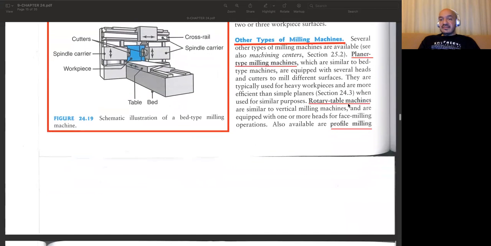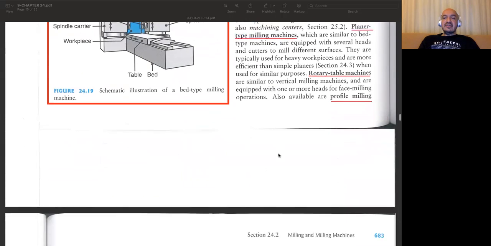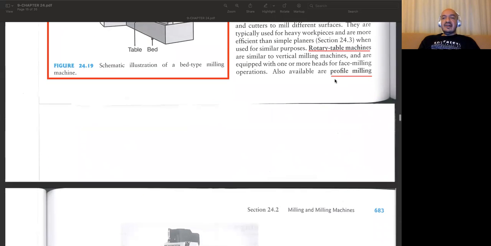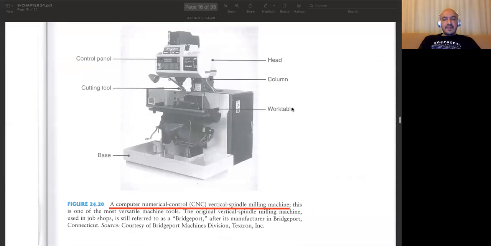And then if your table is rotating on an axis, then we can call your milling machine a rotatable milling machine. And these days we have CNC milling machines, and they are sometimes called profile milling machines, especially the multi-axis versions, since they can open any profile with the help of their more degrees of freedom.